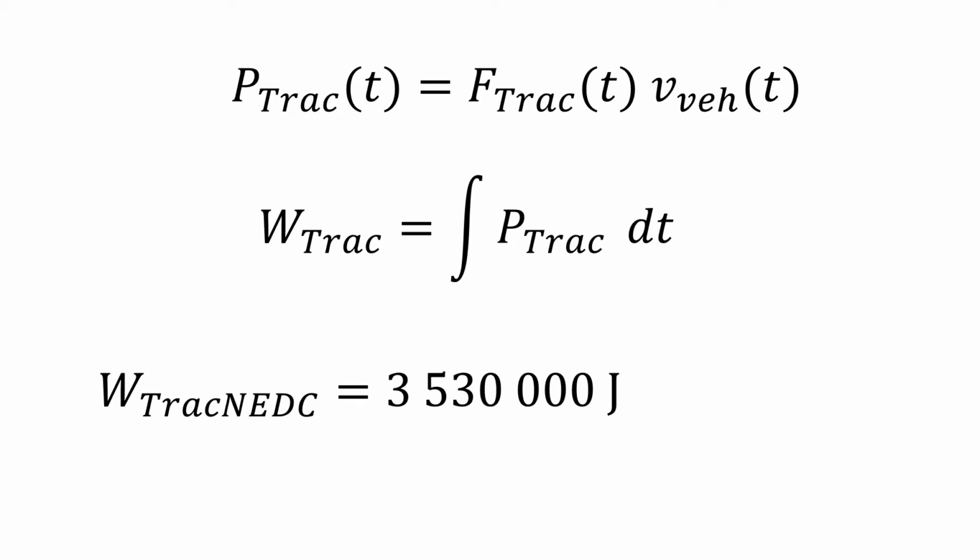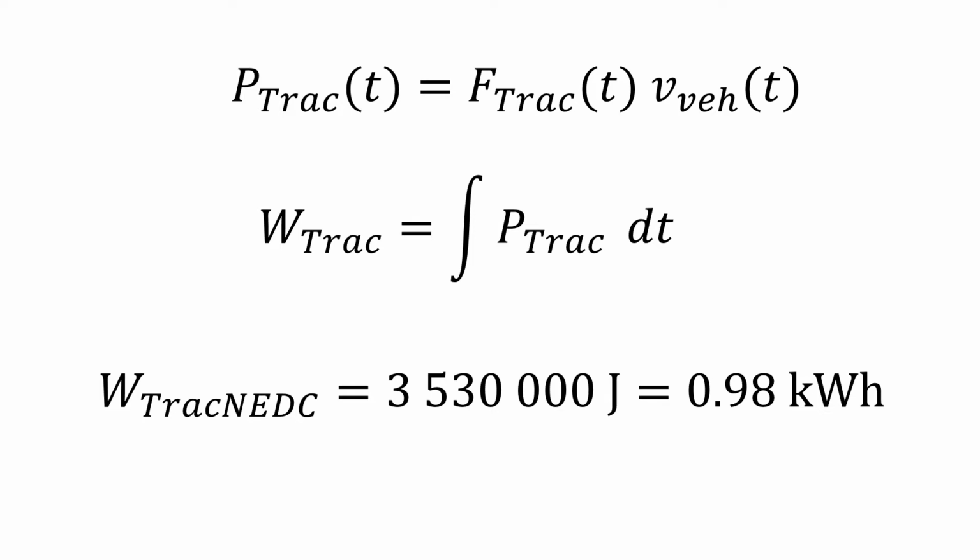We can convert energy in joules by dividing with 3,600 seconds per hour to get the result in watt-hours. That result is then divided with 1,000 to get the result in kilowatt-hour. For the analyzed vehicle driving the NEDC cycle, the traction energy required is 0.98 kilowatt-hour for a 10.9 kilometer drive.